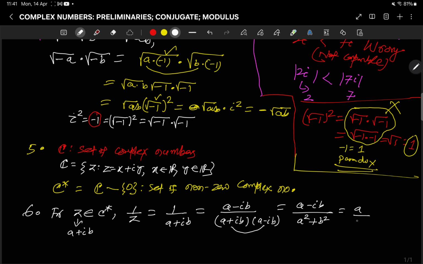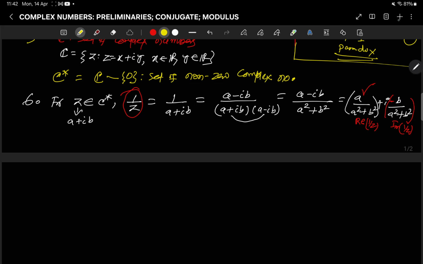So this is A by A square plus B square minus i times B by A square plus B square, or I can write it as plus i times minus B by this. So this is my real part of 1 by Z, and this is my imaginary part of 1 by Z. Always try to write the complex number in the form of real part plus i times imaginary part.